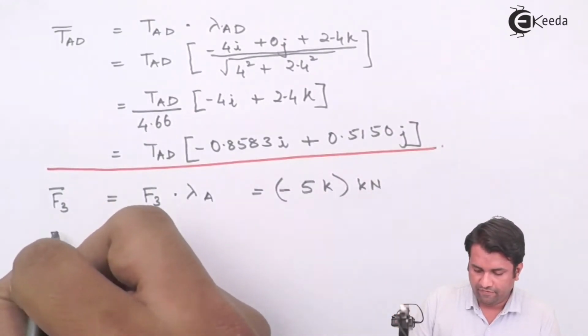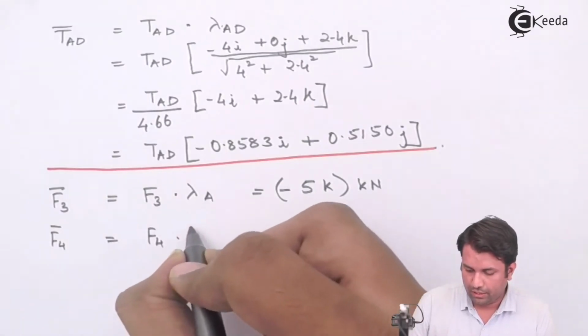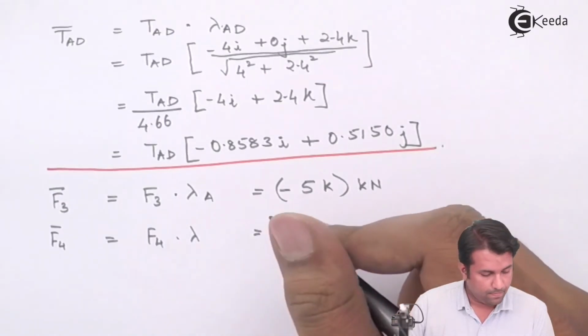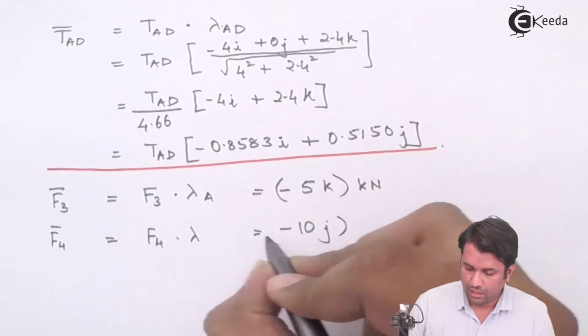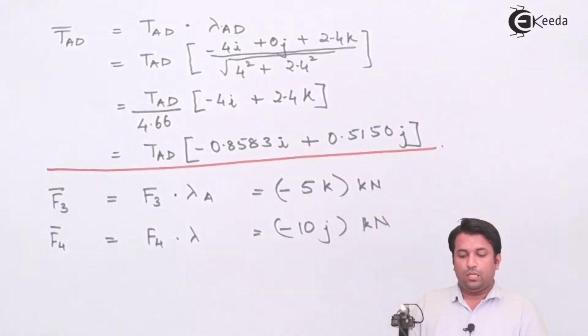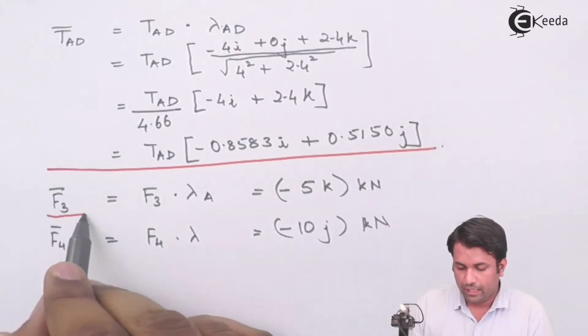Similarly, F4, I'll get it as F4 into unit vector, that will be minus 10 J kilonewtons. Now, these are the 5 forces acting at point A.